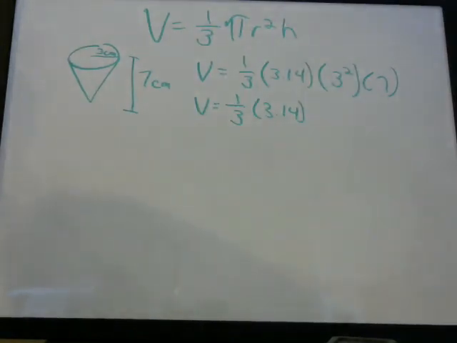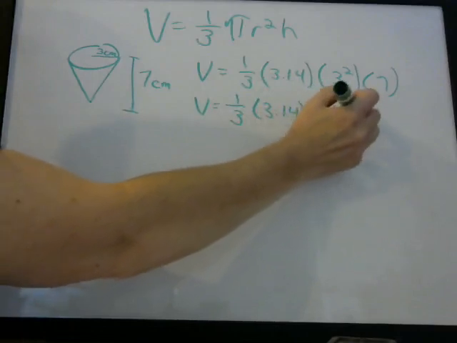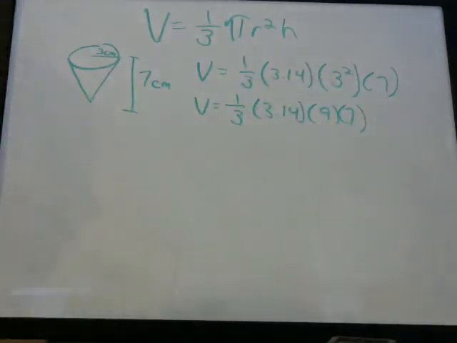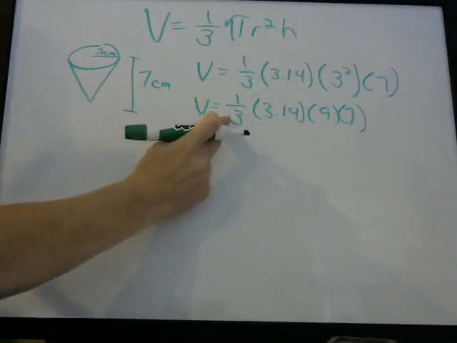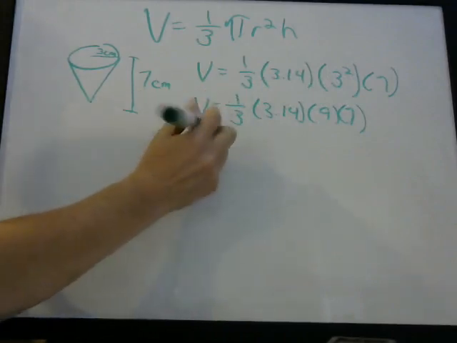If you don't know what exponents are, you need to watch that video as well. So 3 times 3, it's not 3 times 2, it's 3 times 3. So that's 9 times 7. So that you just plug into your calculator. How do you plug in 1/3 into your calculator? Well, remember, fractions are just divisions, so you can plug in 1 divided by 3.